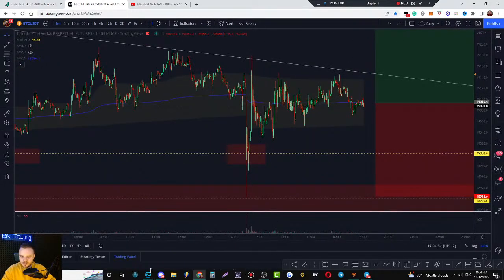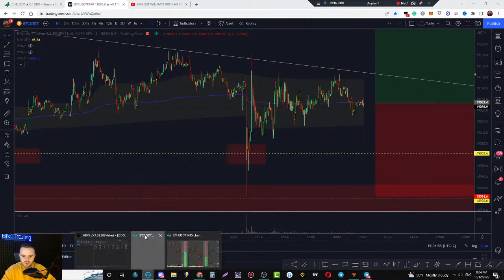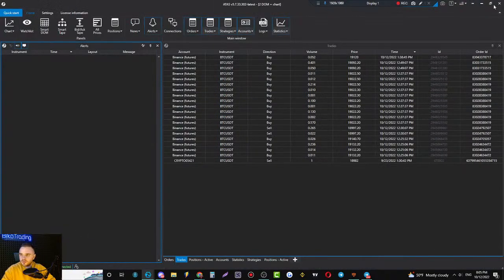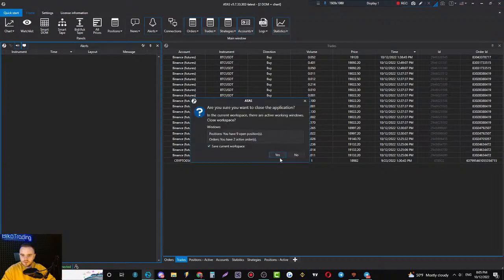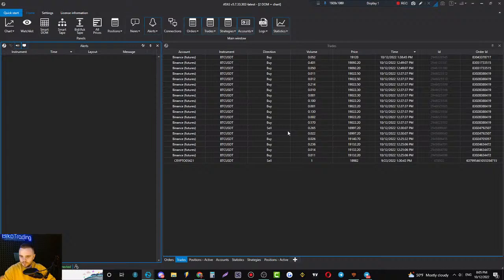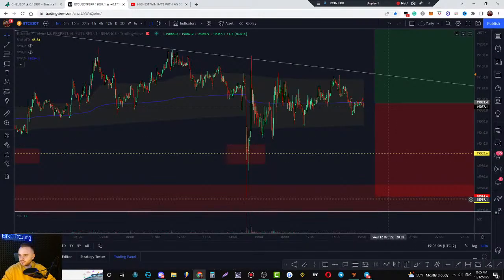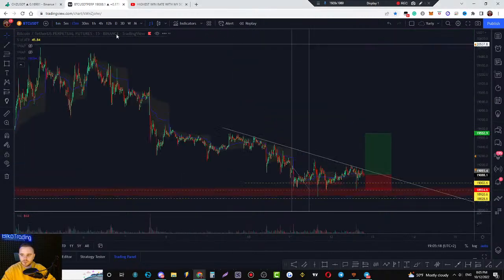My stop loss at this moment on Bitcoin, where is it? Got it, 1965. Good. 1965, it's quite a good entry for Bitcoin.